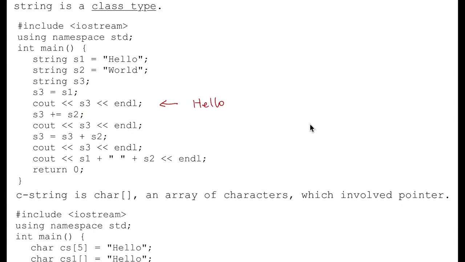Now we can also concatenate. Someone asked, can we add the strings, can we concatenate them? You can do that with string. So we can concatenate S2 right after S3. S2 is world. If you want to concatenate the world right after the hello, then you can just do add equal. Add equal is the same as when you do arithmetic with numbers.